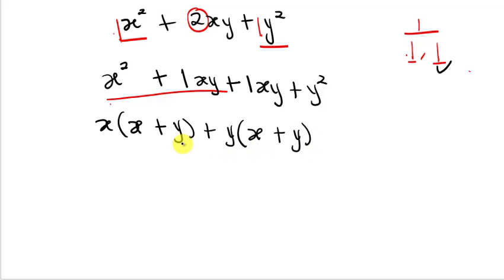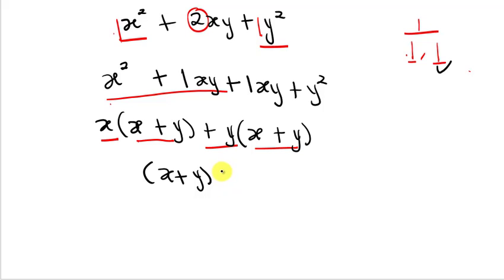Okay, so in this case, the one in the bracket, that is x plus y, is common. Therefore, we are going to have x plus y in one bracket. And what we are having outside the bracket, this x and then this positive y, we put them in one bracket.